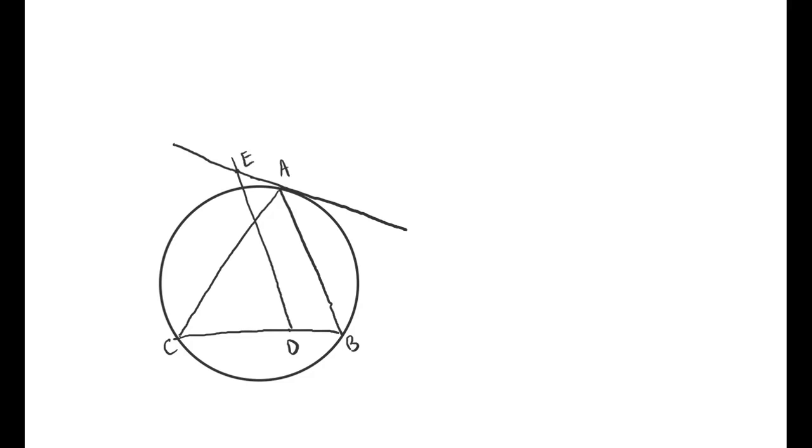And then we have that CE intersects the circle at F, and BDFE is cyclic. So we want to prove that AC, BF, and DE are concurrent. So kind of like the orthocenter example, there are 3 lines that we want to prove are concurrent.